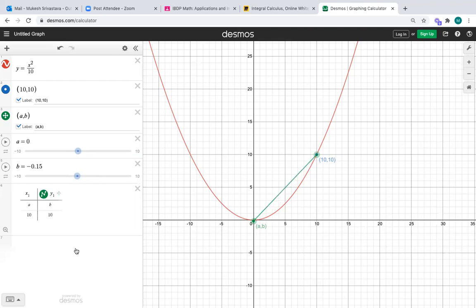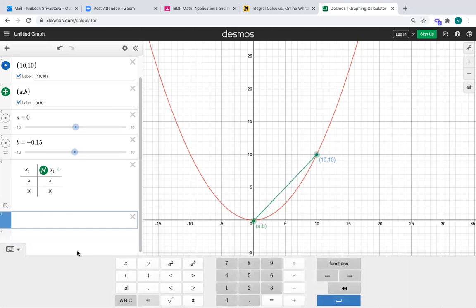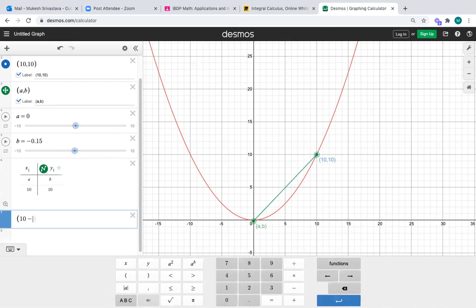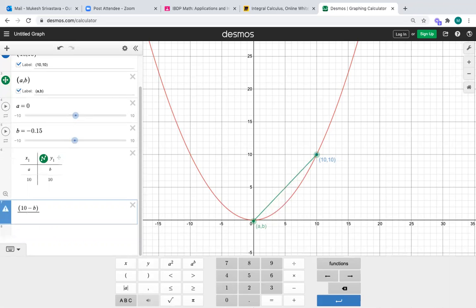I'm using this calculator, so it will calculate alongside: 10 minus b upon 10 minus a. So it's 1.